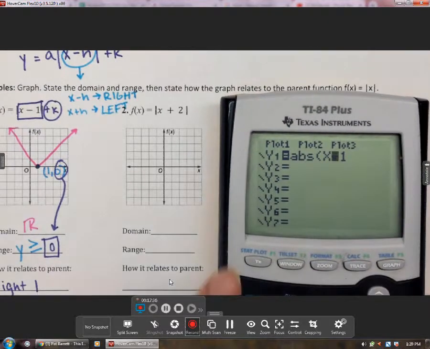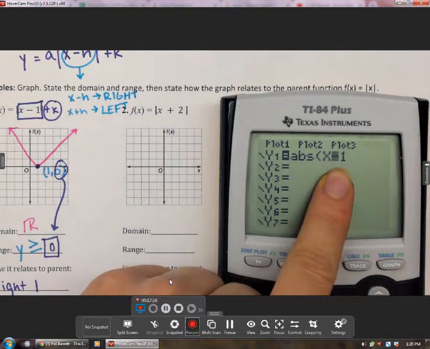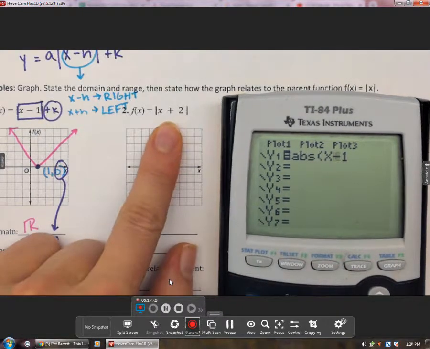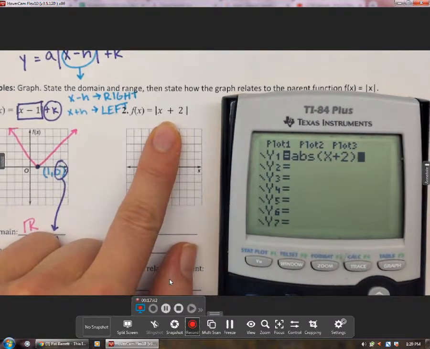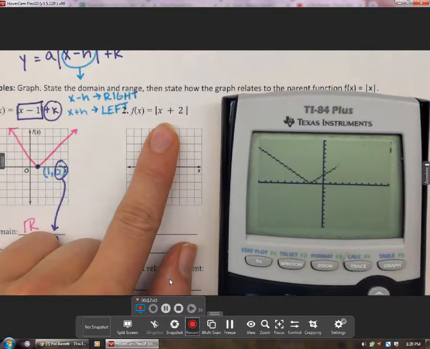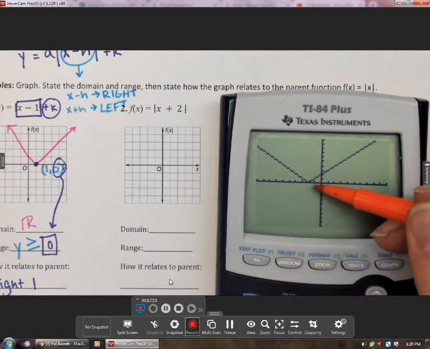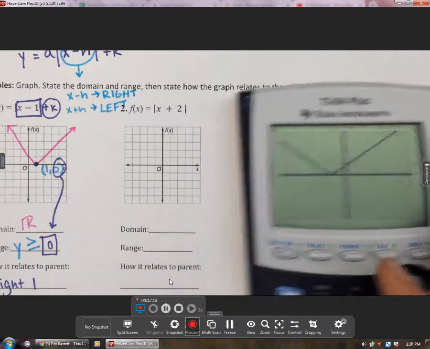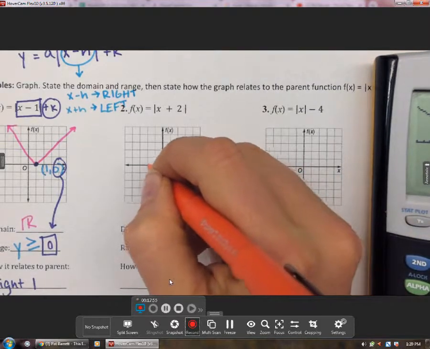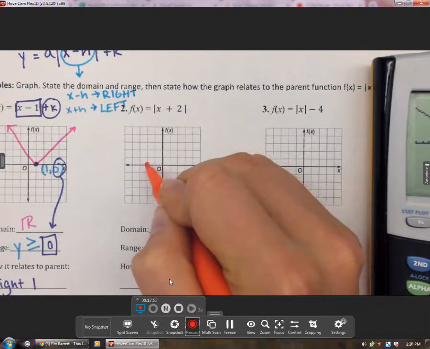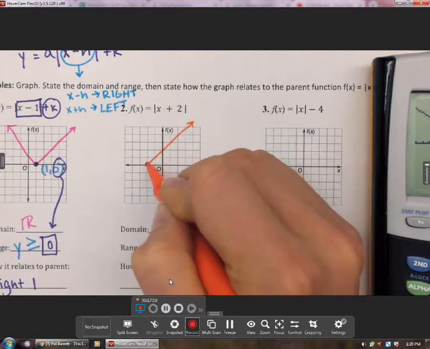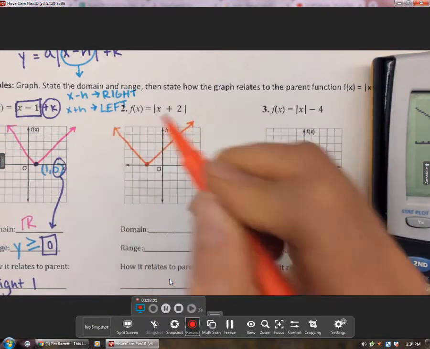Here's a trick. You can just type over it. If you put your little blinking cursor on the minus, I'm just going to put plus 2 over top of it and hit graph. And man, look at that! It moved left 2 spaces. Right here's the vertex. So I'm going to move left 2. Here's my new vertex. And it still has a slope of 1 and a slope of 1. There it is.